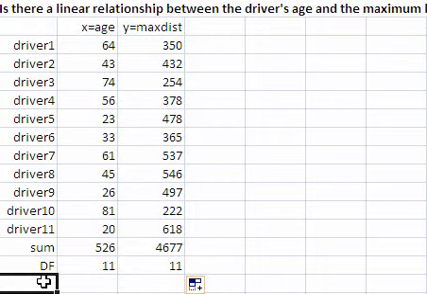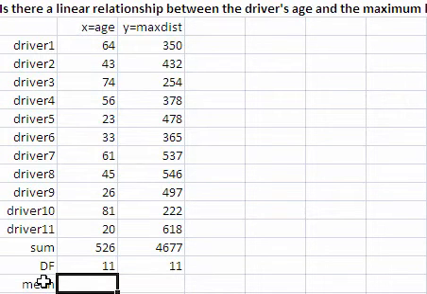And now we can calculate the average age and the average distance, and we shall call that the mean. In this case it will be x bar and y bar. X bar equals the sum divided by the degrees of freedom.